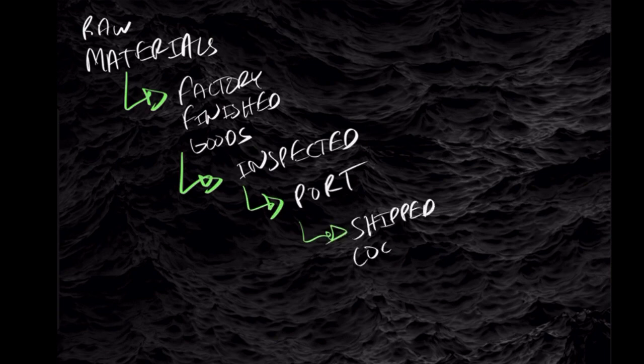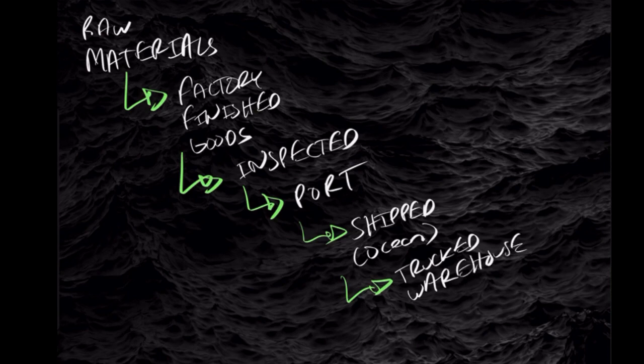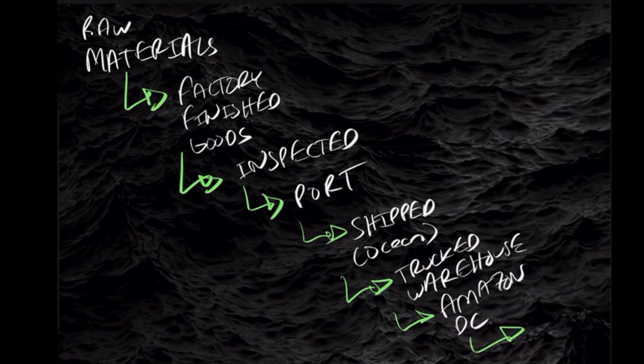It then needs to be shipped, which is typically going to be via ocean. Once in the destination country, it needs to be trucked or railed to a warehouse. Then in the case of an Amazon business, it goes to an Amazon warehouse. And then finally, if somebody buys it, ideally you hope somebody buys it, it's going to go to an end customer.